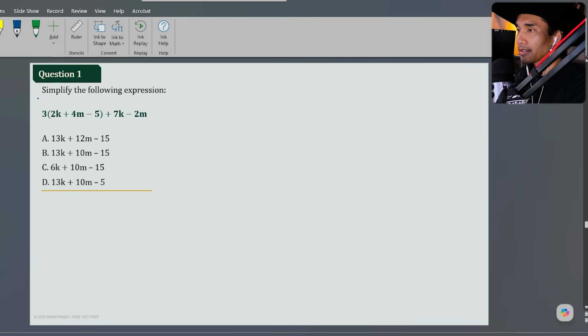So the next thing I'm going to do is look at what's going on outside of the parentheses. And I see that there's a 3 here. And this is what's called a coefficient.